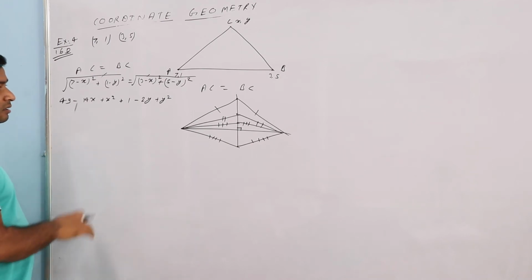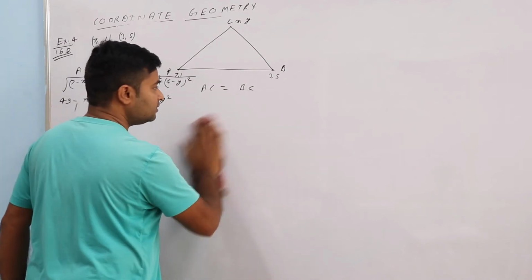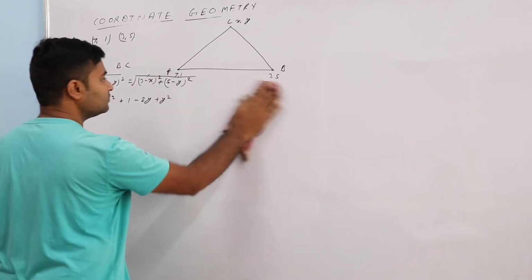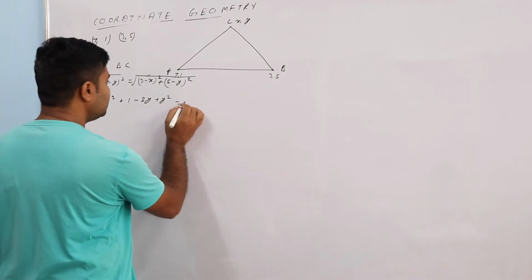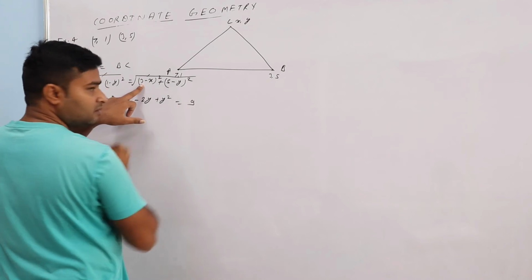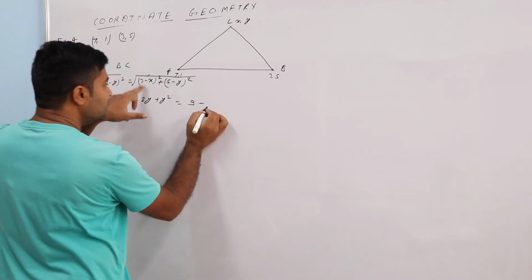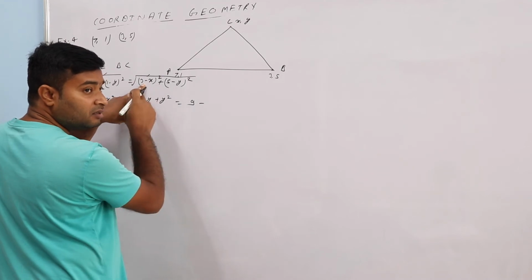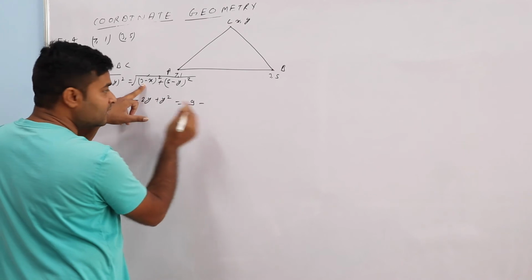Getting? So here a square, be with me, a square minus 2ab. 2ab means what? 3 twos are 6x.